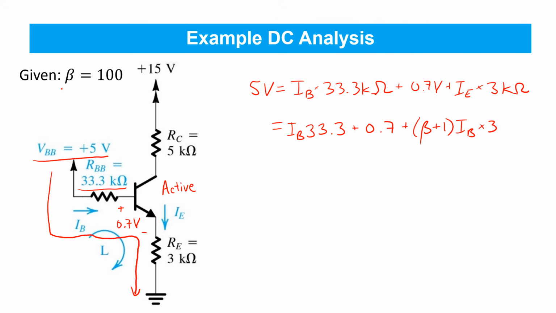And we're given that beta is 100 for this transistor. So finally, we can write an expression completely in terms of IB, and rearrange this and solve for IB.